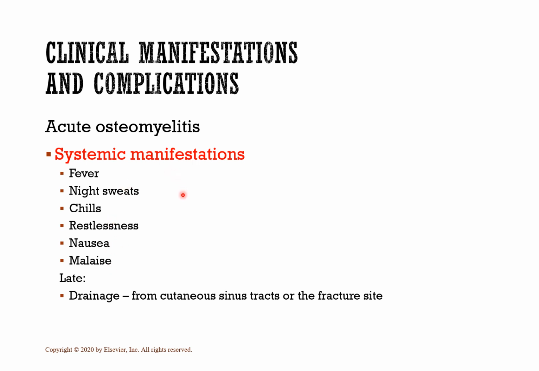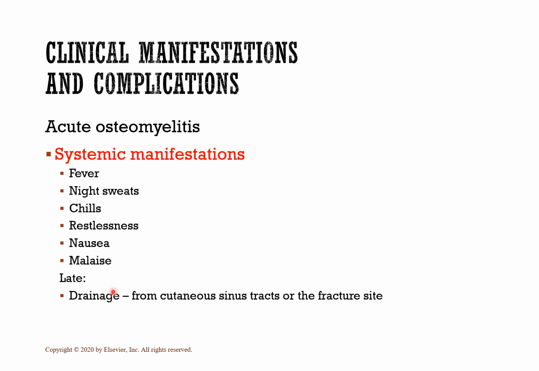So temperature elevations, the fact that the patient can't sleep, the fact that they're restless, that's almost like a neurological type of manifestation. The fact that they're nauseous, that's like a GI manifestation. So in some way, your whole body is responding. So under systemic, we're noticing that temperature is a big deal. That's why we're getting the fever and the chills happening here.